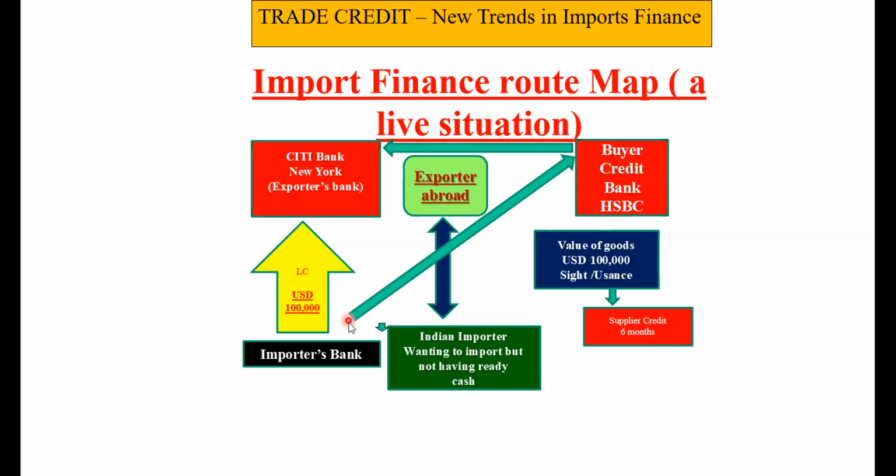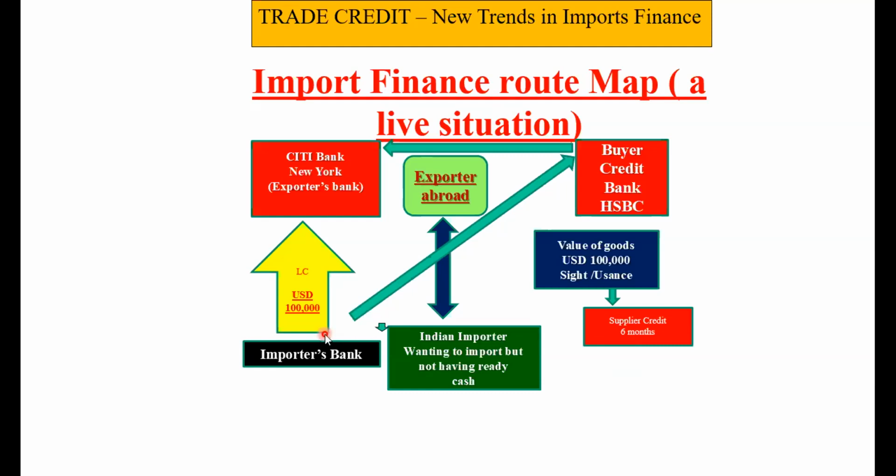This credit is known as what? Buyer credit. What is buyer credit? Buyer credit is always organized by the buyer's bank. The buyer bank will request another bank to give another short-term credit to settle to the exporter. So this is called as buyer credit. This is supplier credit. This is 6 months.